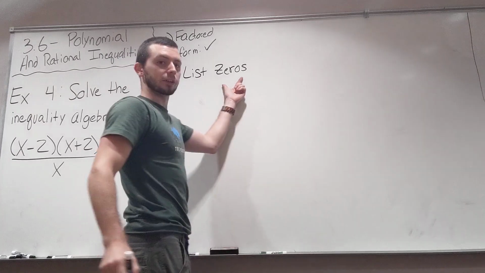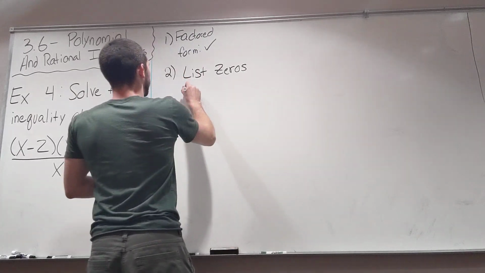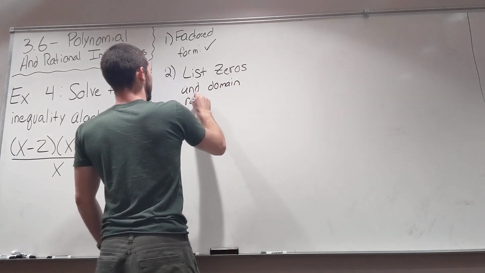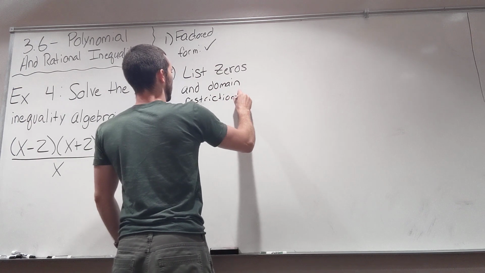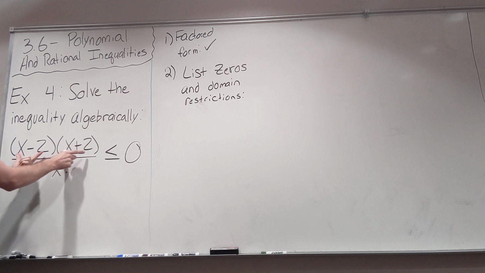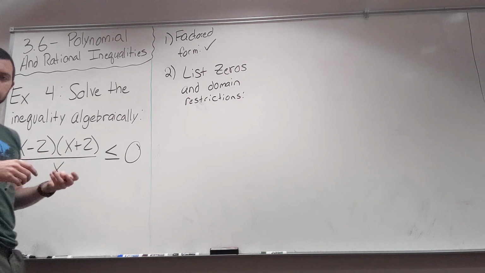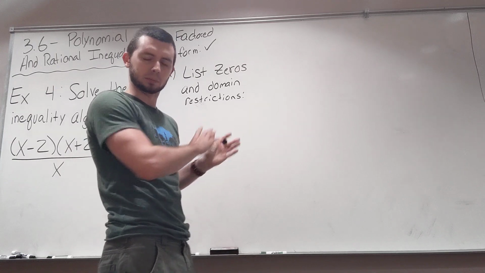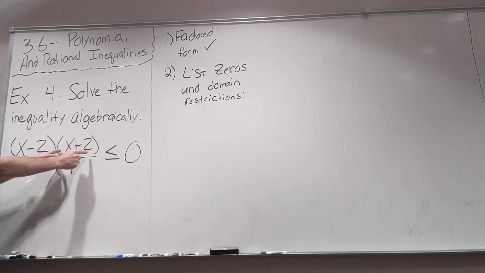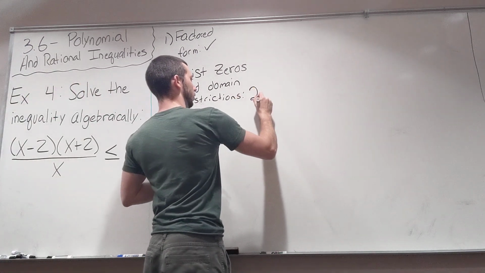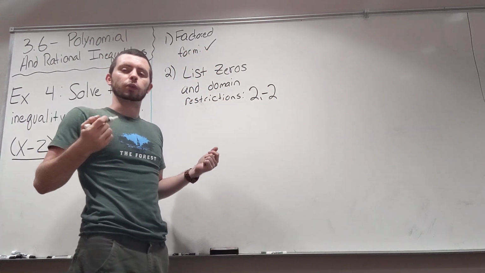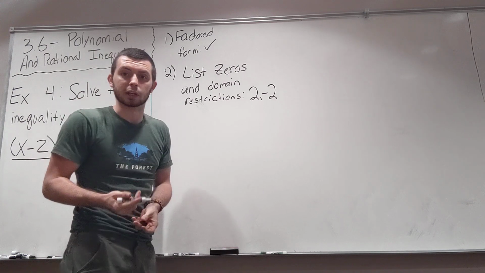So far, we've only had zeros to worry about, but now we're going to also consider domain restrictions. And so the zeros still correspond to the factors from the numerator, similar to the polynomial problems we just looked at. So we get positive 2 from this one right here, negative 2 from this one, and domain restrictions is simply a way of referring to the zeros from the denominator.